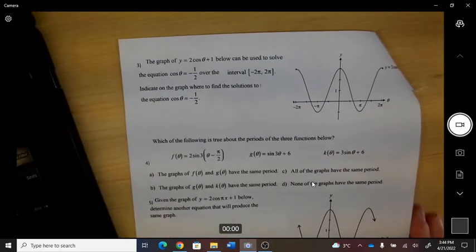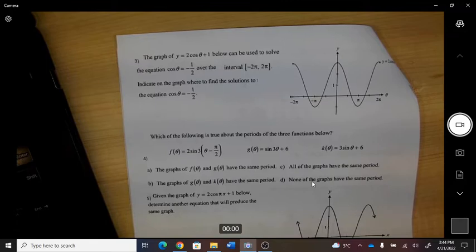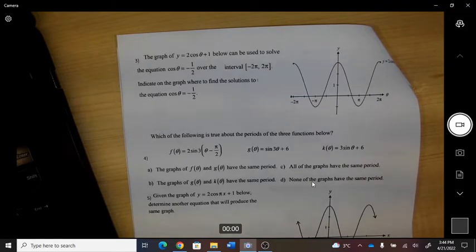This is the graph of 2 cos theta plus 1. We're going to solve it for where cos theta is negative a half, and we're going to indicate that on the curve.